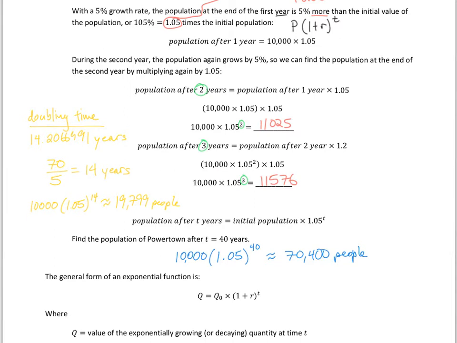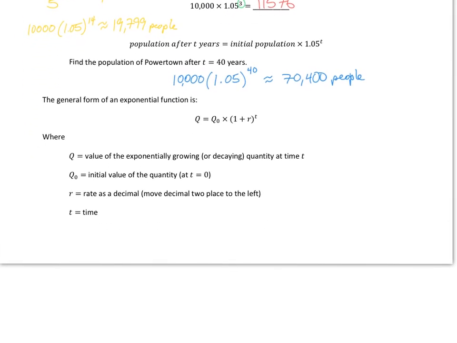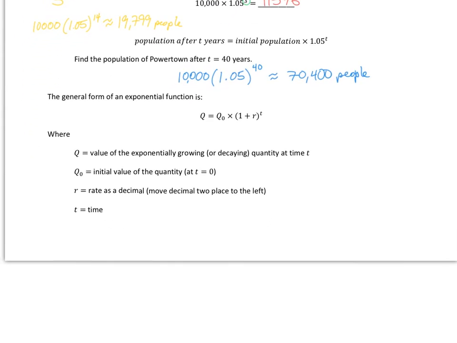All right, so the general form now of an exponential equation. The general form for an exponential equation is Q, or in the past we have used A, equals Q sub 0, or again in the past we've used P, times 1 plus r to the t power.